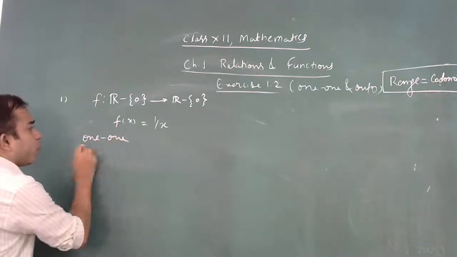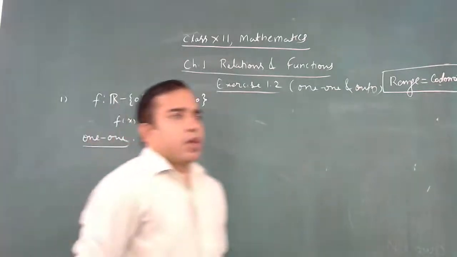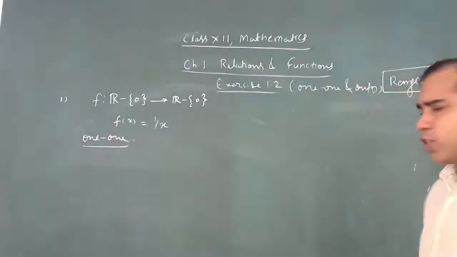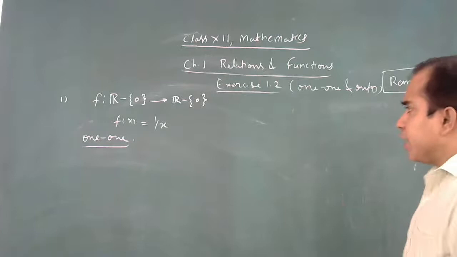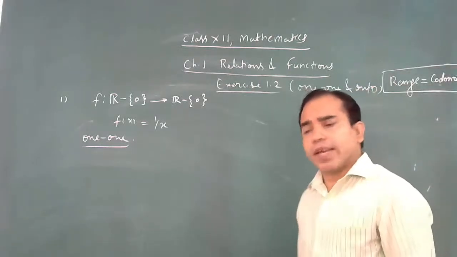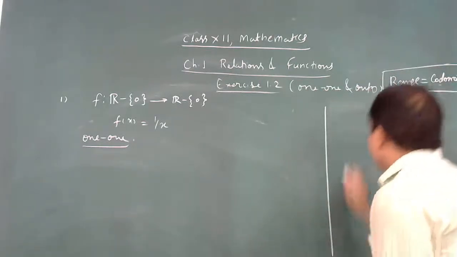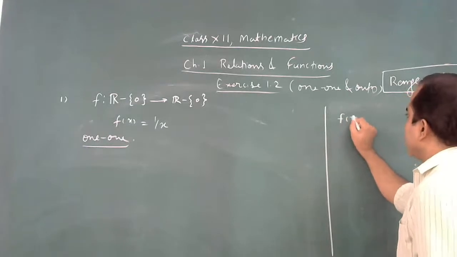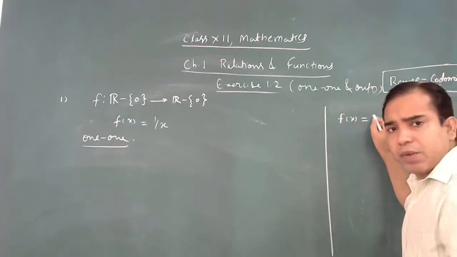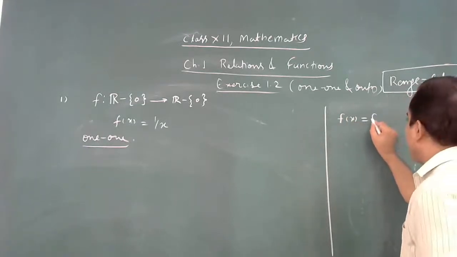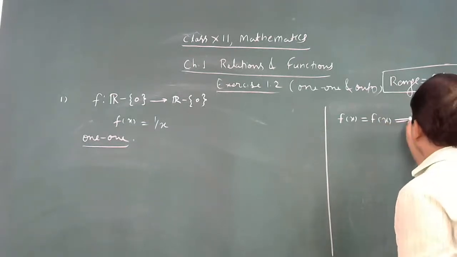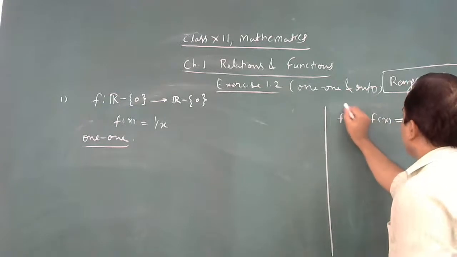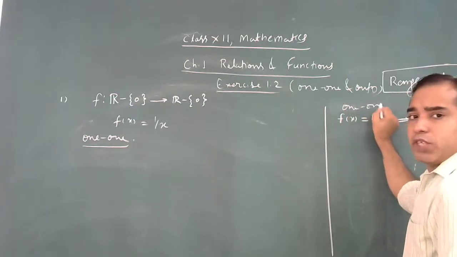So there are many ways. Let us begin with any one method. We just now revised that to prove the one-oneness of the function, if x and y are elements of domain, then f(x) equal to f(y) should imply x equal to y. This is the definition of one-oneness.